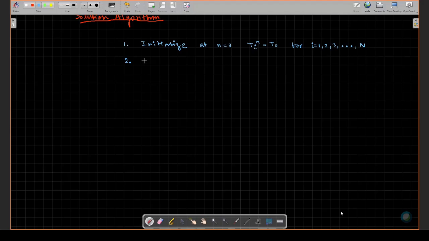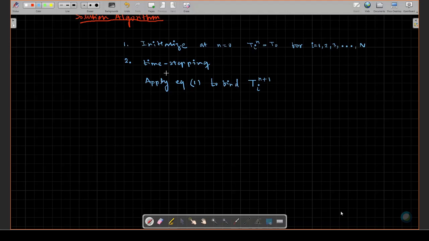We have to go for time stepping. Time stepping means we want to calculate at n plus 1. So apply equation 1 to find the T_i value at n plus 1.